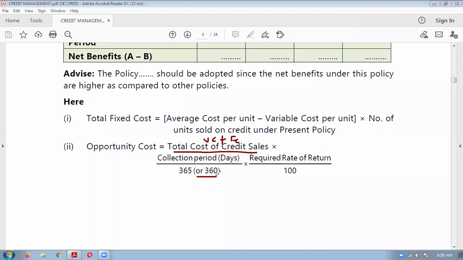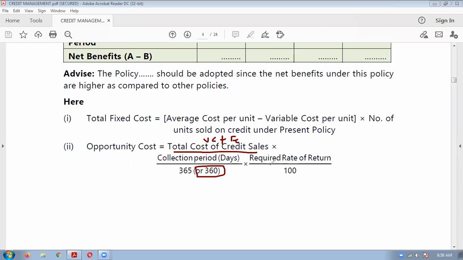Sometimes in the question they may tell you to use 360 instead of 365. Why we normally use 360 is for simplicity in calculation, because if you use 360, you will get rounded answers. So instead of 365, you can use 360 also, if it is mentioned in the question.